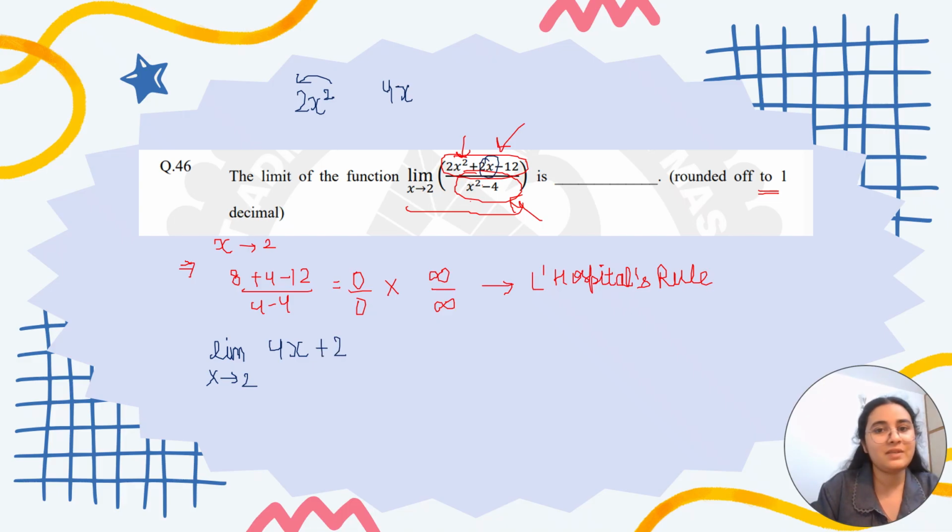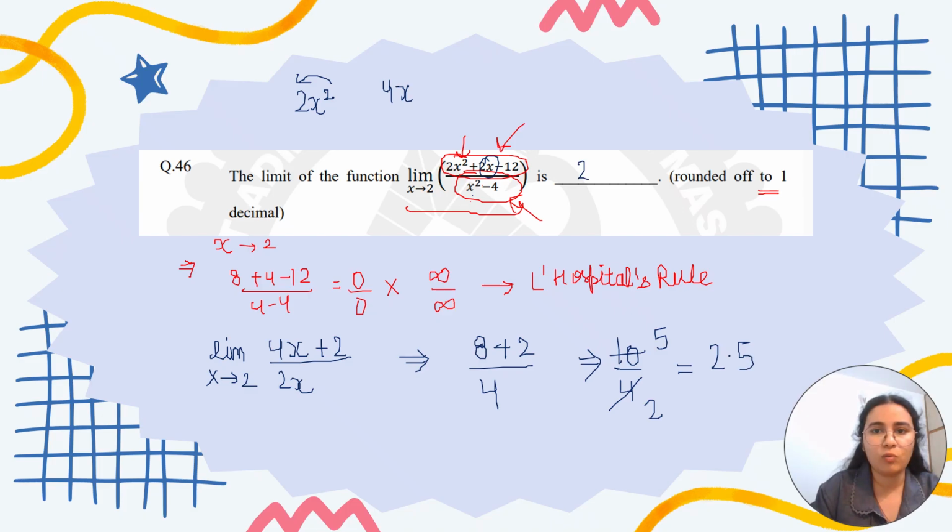Derivative of minus 12 is 0. Upon derivative of x square, which is 2x. Derivative of minus 4 is 0, right? So we now simply substitute x equal to 2. 4 2s are 8 plus 2 is 10 upon 4, that is 5 upon 2, that is 2.5. We have to round it off to 1 decimal. 2.5 is up to 1 decimal.